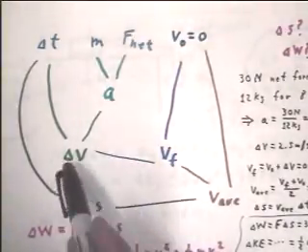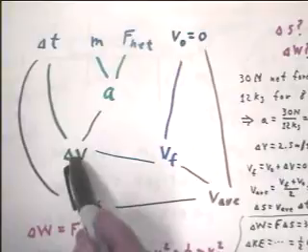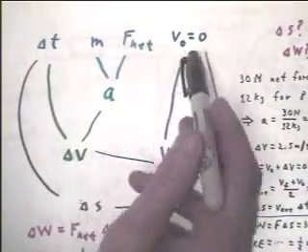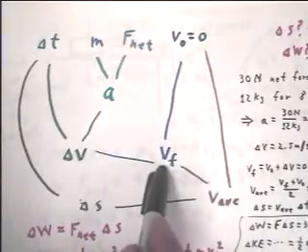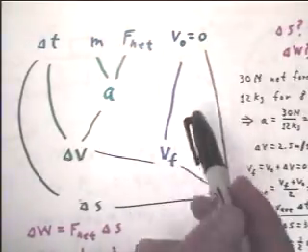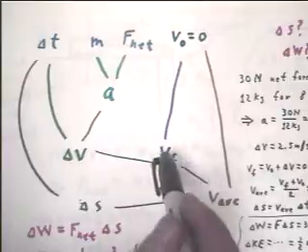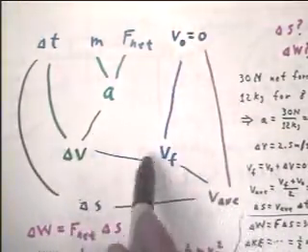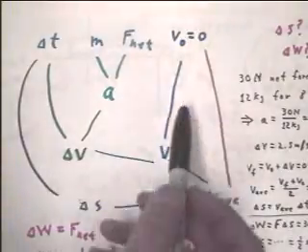And then when we put the delta v together with the v naught, we get the final velocity by adding the change in velocity to the initial. I saw that v average down there and got sidetracked, sorry.